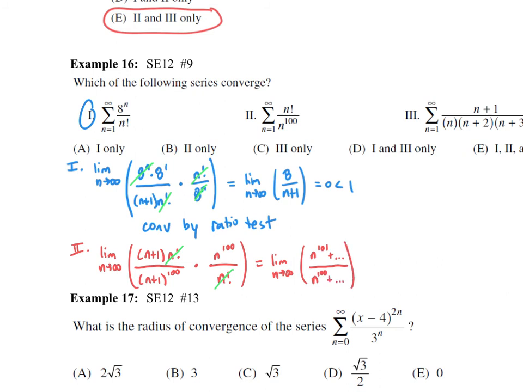And we don't really care about the extra items because the degree is smaller than 101 in the numerator and 100 in the denominator. And so this particular limit is going to go to infinity. And the ratio test says that if that's true, then you have a divergent series by the ratio test. Okay, so that one's going to be out. We don't want number 2.